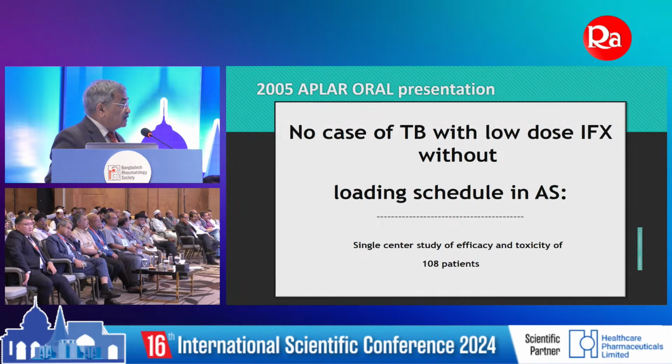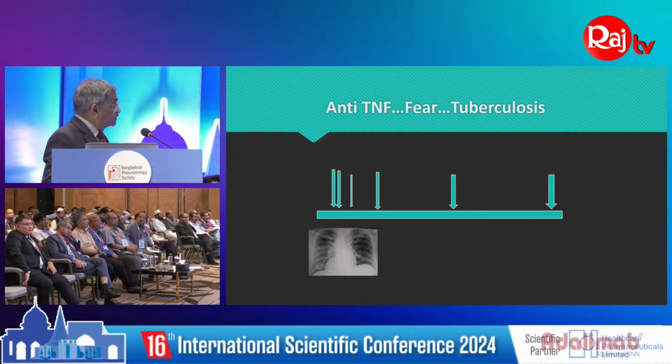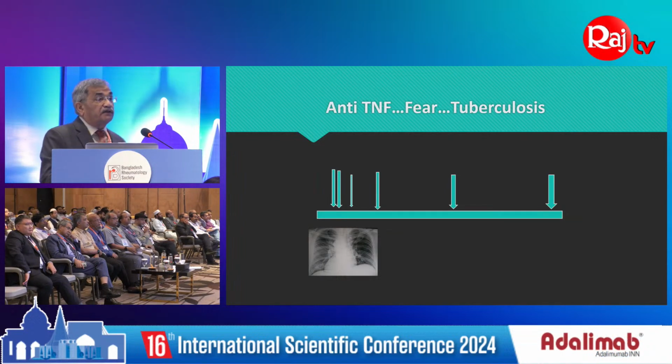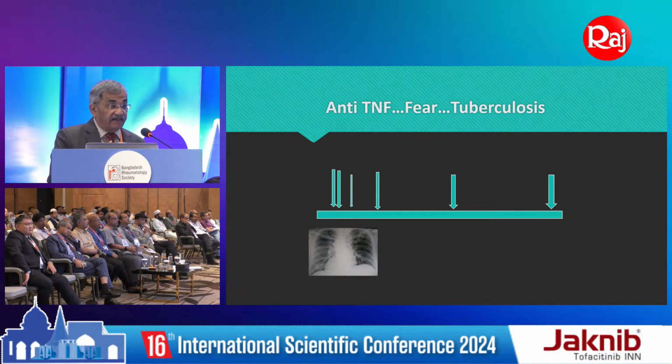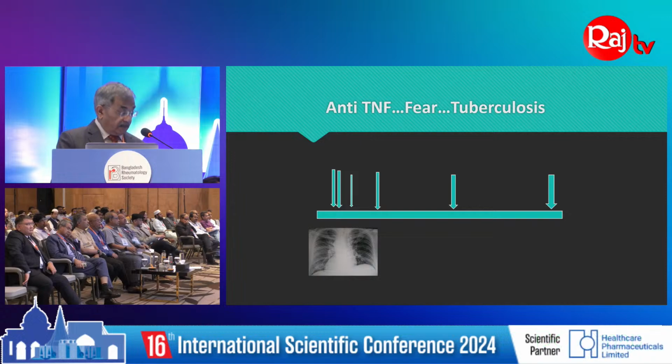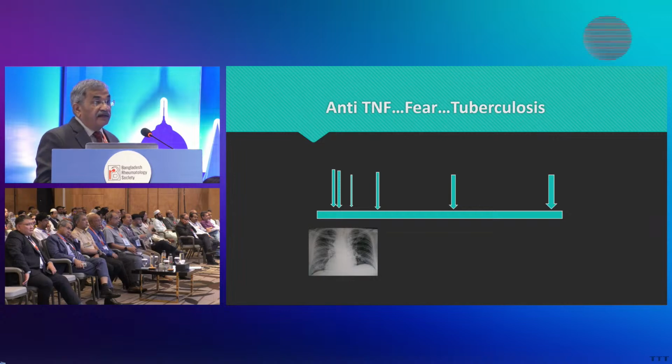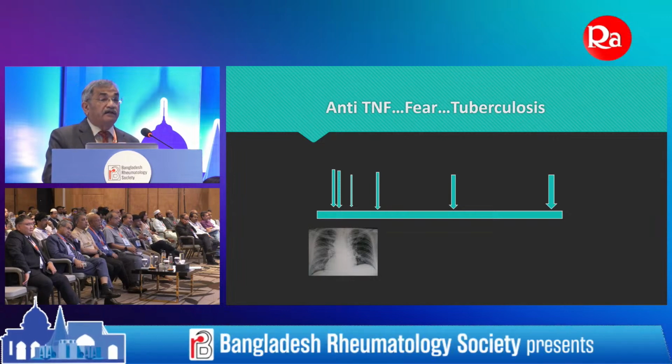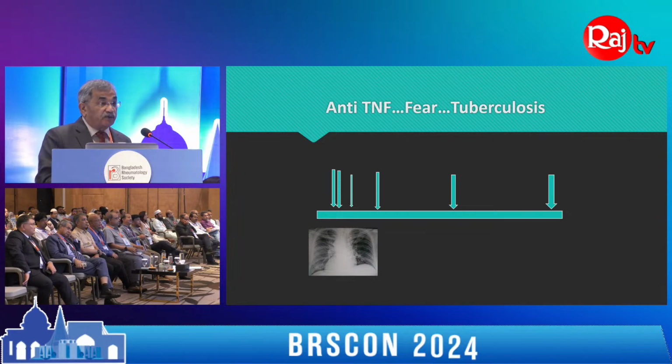You don't use it. So what I told Ravindra Maini was that most of the tuberculosis is occurring early. In the ATTRACT trial, most of the cases of tuberculosis, including death, occurred early. If you don't do this, this is called the loading dose, we may not have tuberculosis.